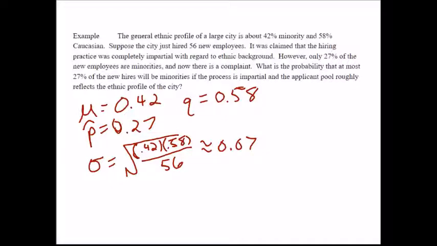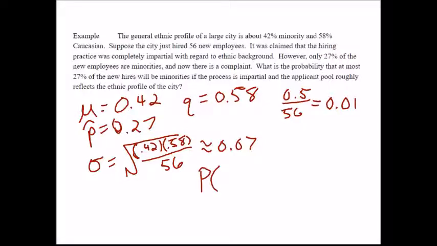Next, why don't we do our continuity correction? So 0.5, we're going to divide by 56. So 0.5 divided by 56 is about 0.01. So now we're going to calculate what is the probability.